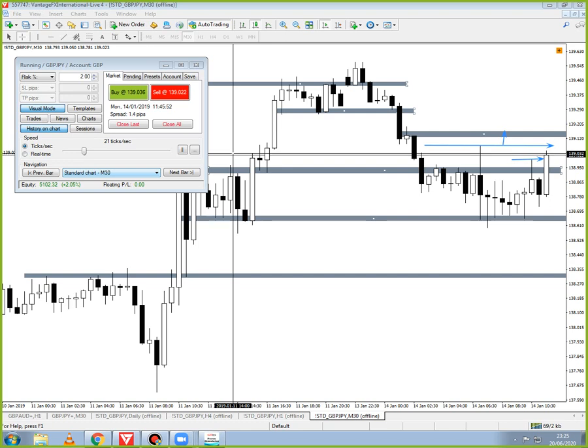So anywhere within this area, like we saw here, price can tap into and reject from. So with these sort of wicks, I think the best thing to do is we wait for a close above this area here, which we may get in the next 10 minutes on the simulator.